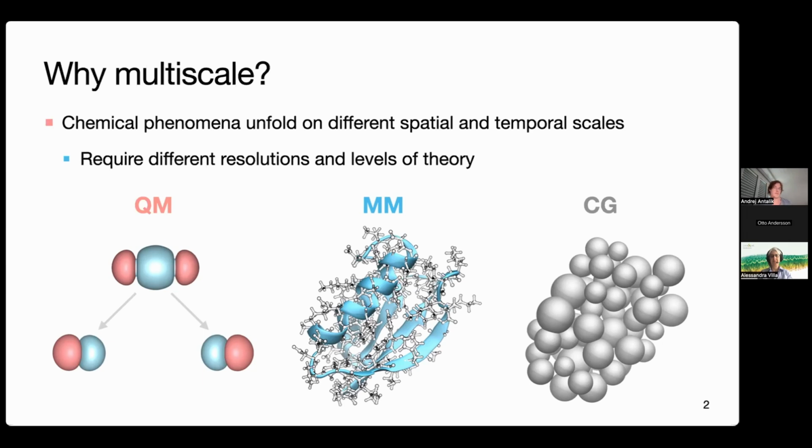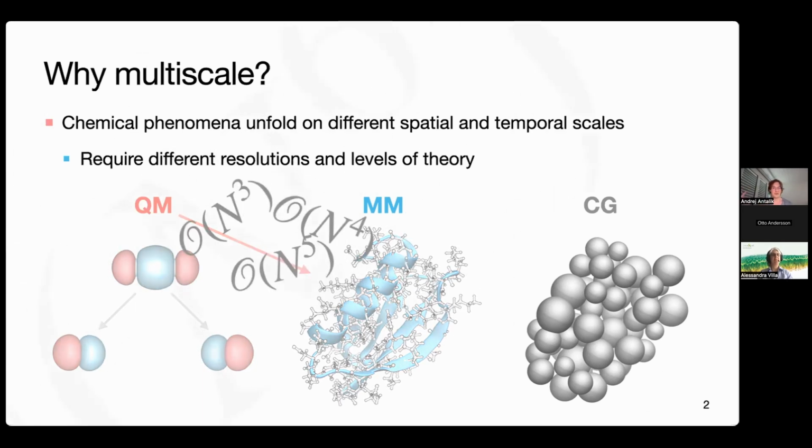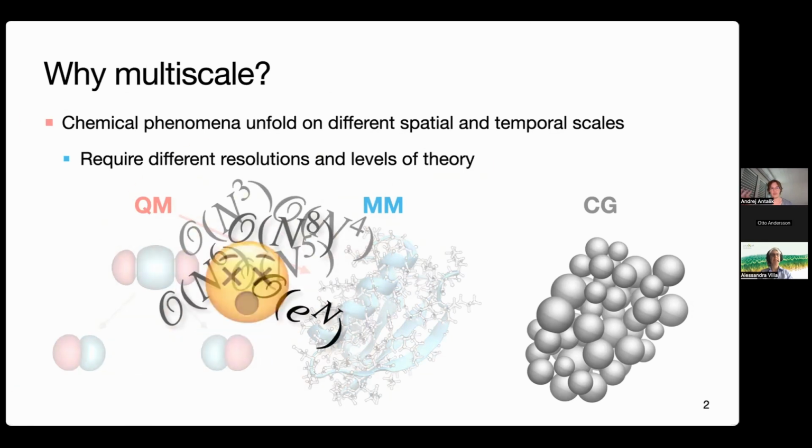And naively, I'm pretty sure most of you are not that naive, but naively you might say, so let's just apply the QM method to the entire enzyme. What could go wrong? But you would really quickly discover that the unfavorable scaling of these methods would beat you down and you would get nowhere.